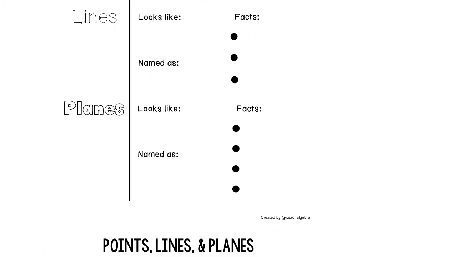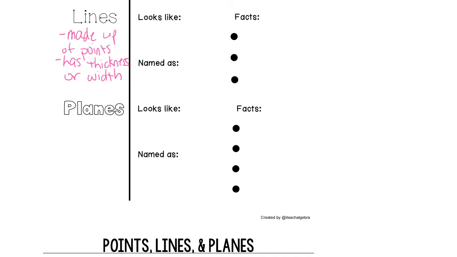We want to look at lines. So a line is made up of points. That's number one. Number two, it has no thickness or width.